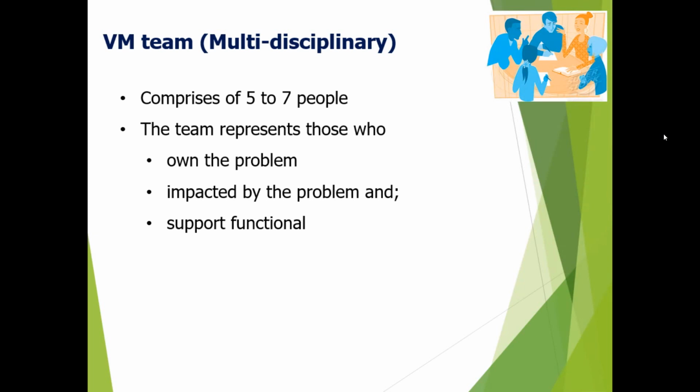So therefore you can have them as part of it, and also other parties who are affected by the problem. Okay. That is a kind of a basis for you to choose the project team or the value engineering team, right? Okay.